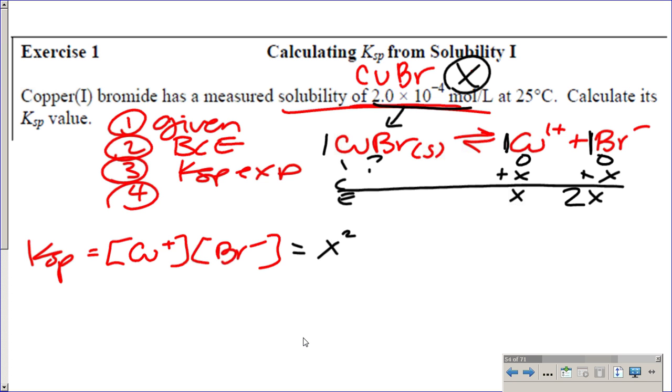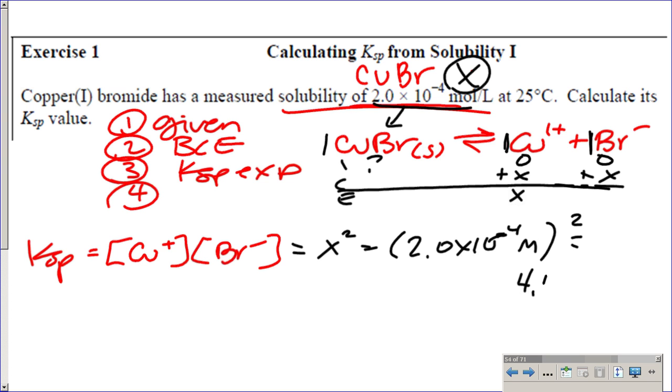But in this case, I'm not, so I'm just going to stick with they have given me X. So if they've given me X, then X squared is just 2.0 times 10 to the negative 4th molar squared, which is, no calculator, 4.0 times 10 to the negative 8. 2 squared is 4, and whenever you have exponents and you multiply them together, you add them. 10 to the negative 4th times 10 to the negative 4th is negative 4 plus negative 4, which is negative 8. Review of algebra 2. All right, so Ksp is this.